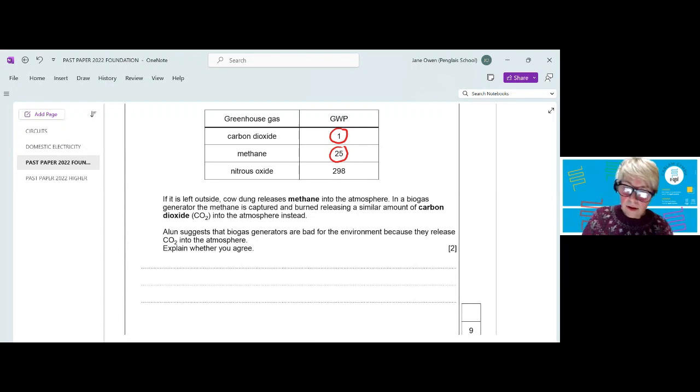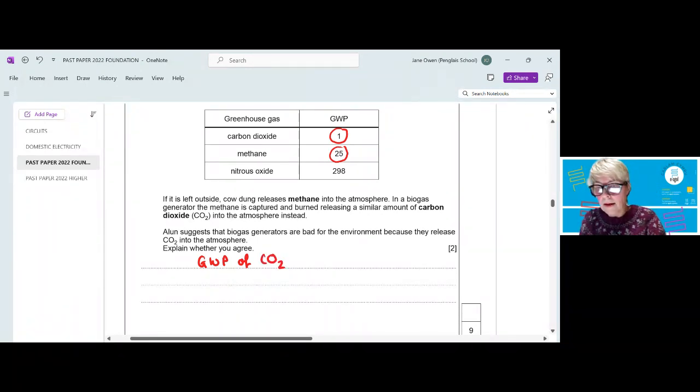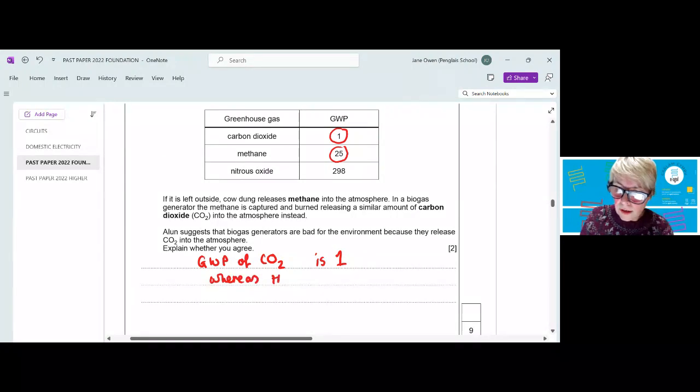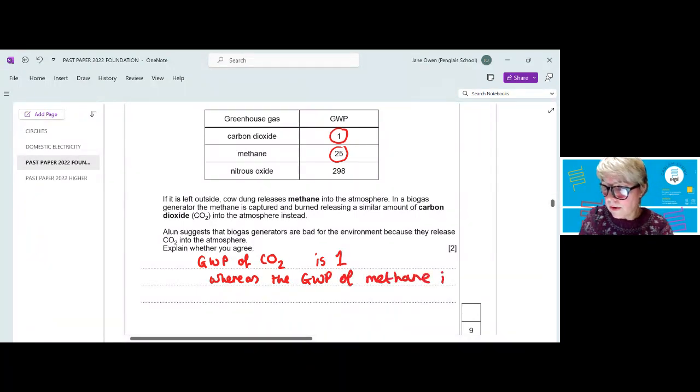But the thing is, the GWP of CO2, we know that CO2 is bad, but you've got to look at it with the data in front of you. So the GWP of CO2 is 1, whereas the GWP of methane is 25 times bigger, or 25.